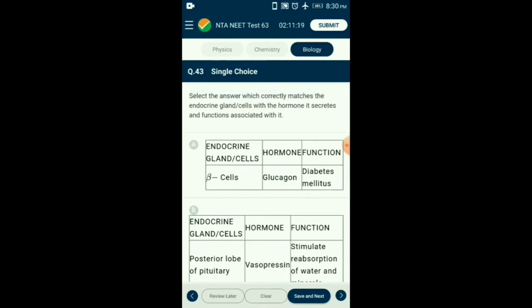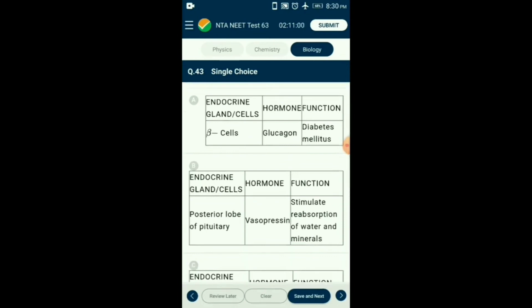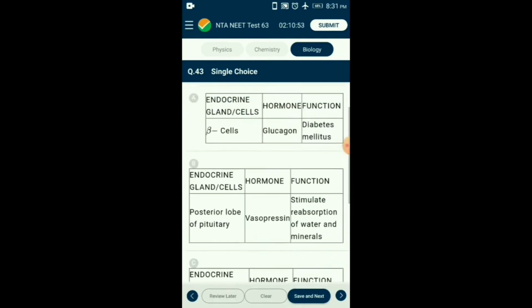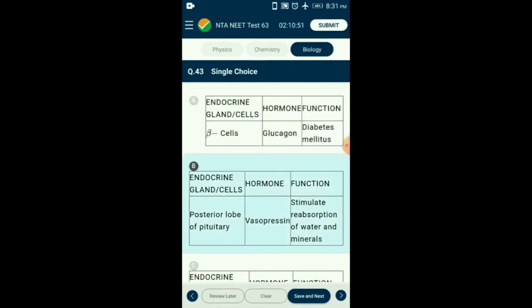Intermediate lobe of pituitary gland secretes melanocyte stimulating hormone that controls pigmentation. So the correctly matching option is option B. In option B, endocrine gland cells, hormone, and their function is given correctly.